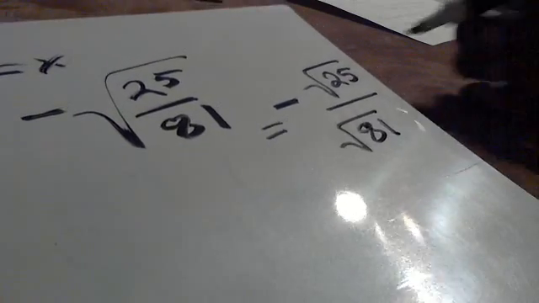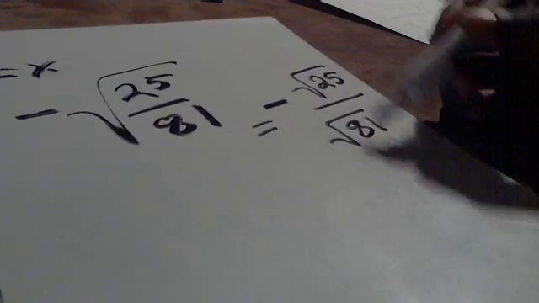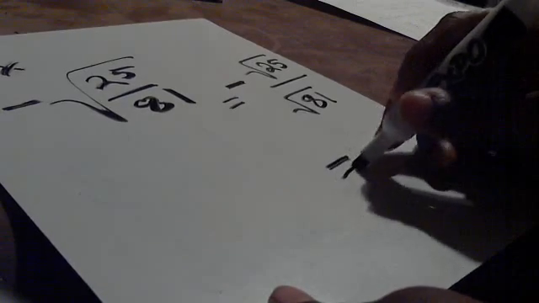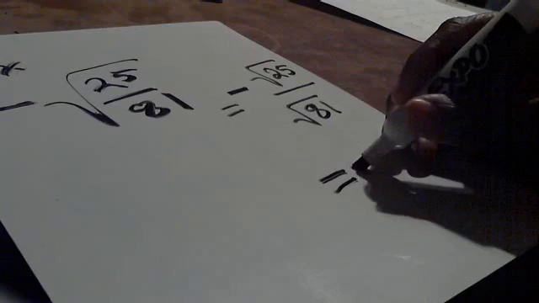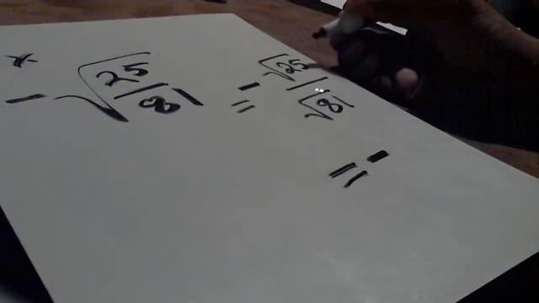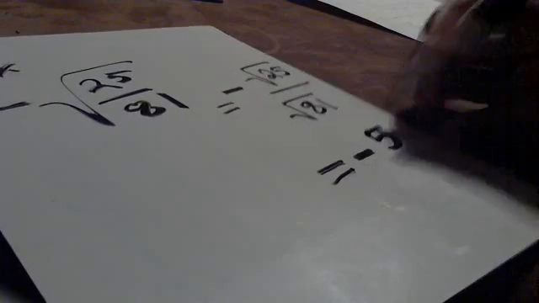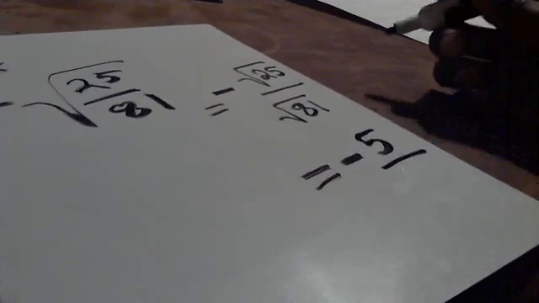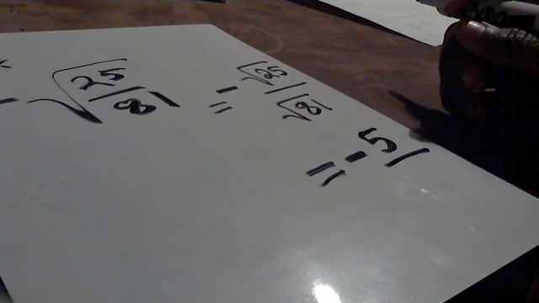All right, so we've got the opposite of the square root of 25 divided by the square root of 81. If we go a little bit further, we still have that minus sign. We can't forget that. The square root of 25, we had a problem like that. That's 5. And then, what number can we multiply by itself in order to get 81?